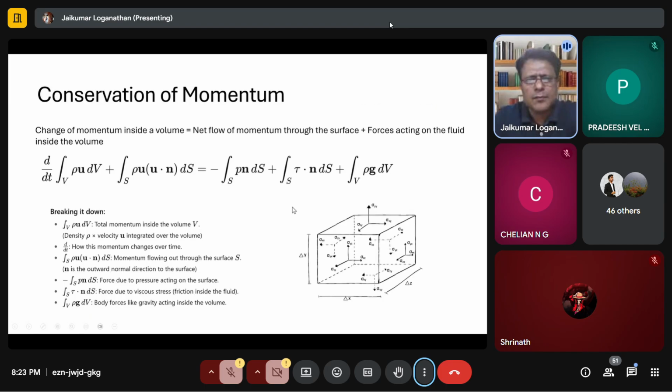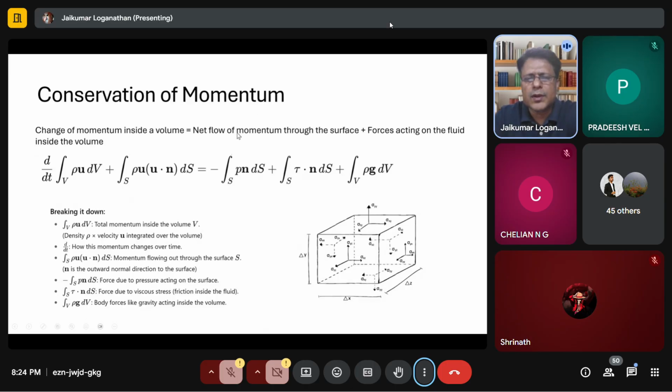And then we go to the conservation of momentum, right? Which is nothing but Newton's law of motion, applied for a fluid particle. It says that the change of momentum inside a volume, let's consider this volume, is equal to the net flow of momentum through the surfaces, right?